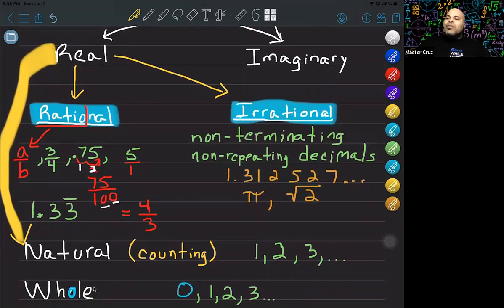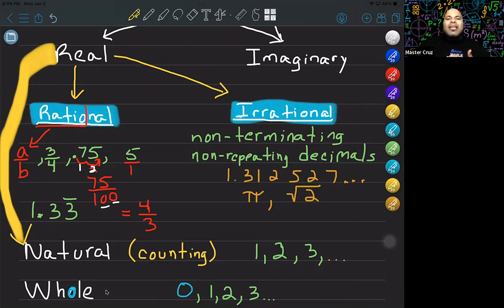So when you add the 0 to the natural numbers, now they become the whole numbers. The way I remember it, the word whole has a zero in it, or zero has a hole, however you want to look at it, all right? So if you take the natural numbers and add zero, you get the whole numbers. But what happens if you are negative? Because then banks came along and started telling people, you owe me money.